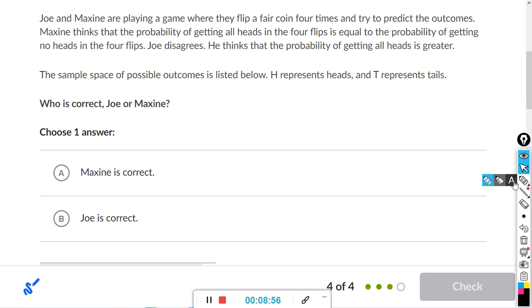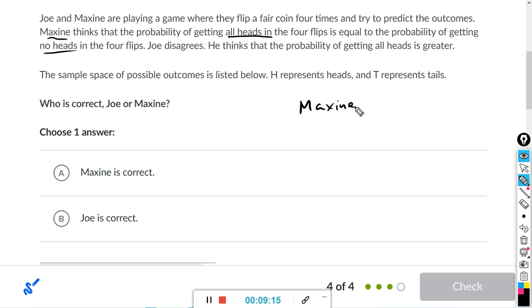All right, let's see. Let's take notes on this right up here. So, Maxine thinks all heads is equal to getting no heads.